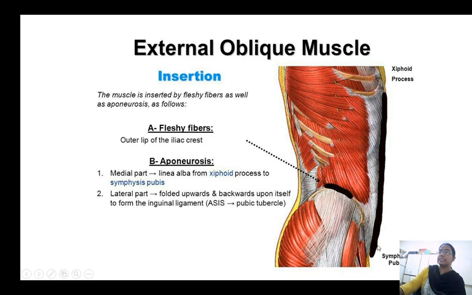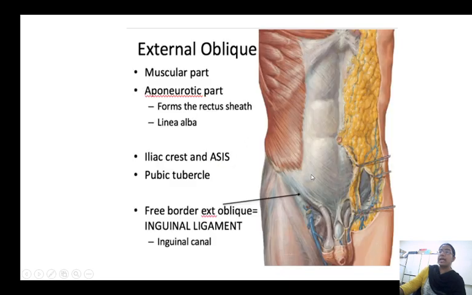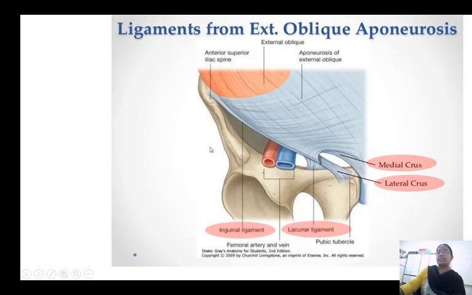Some fibers of the lateral part get thickened, extending from the anterior superior iliac spine to the pubic tubercle, forming the inguinal ligament. Within this aponeurosis you can see a ring, called the superficial inguinal ring. So this is the origin and insertion of the external oblique muscle.